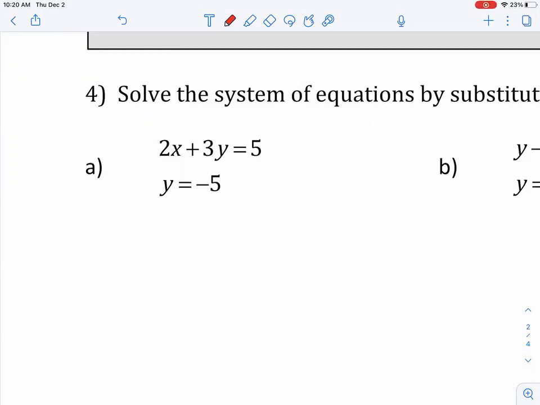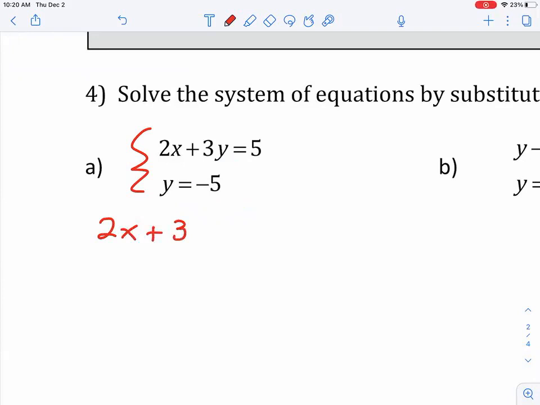So we have 2x plus 3y equals 5, and we know that y equals -5. So what we can do is we can make a substitution, and I can plug in -5 for y. So I'm going to rewrite the top equation. I'm going to write 2x and then plus 3.